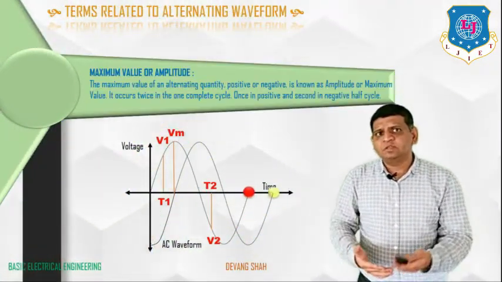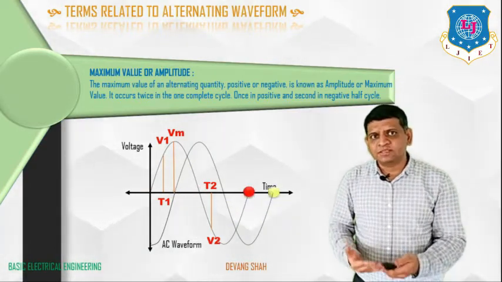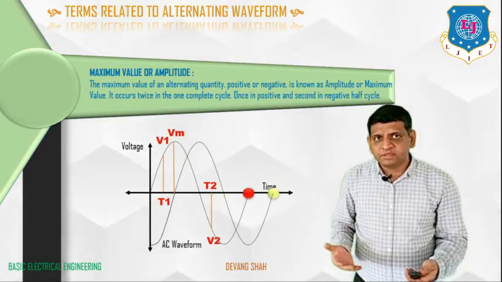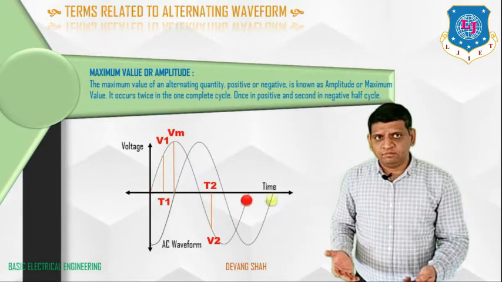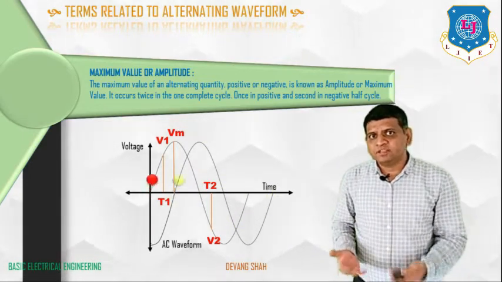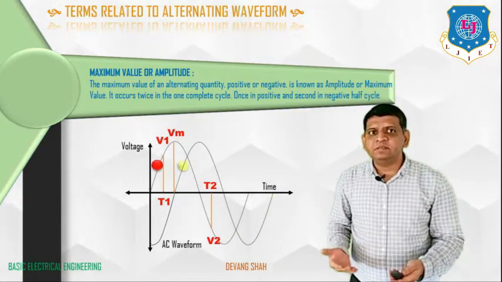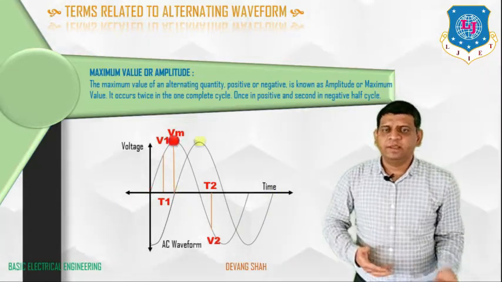The next is the maximum value, or amplitude. The maximum value of an alternating quantity, positive or negative, is known as the amplitude or maximum value. It occurs twice in one complete cycle, once in the positive half cycle and once in the negative half cycle.